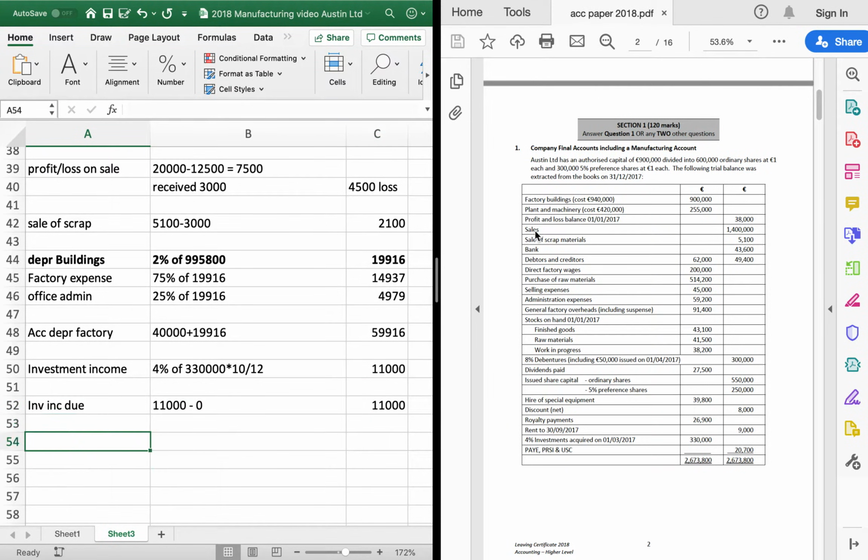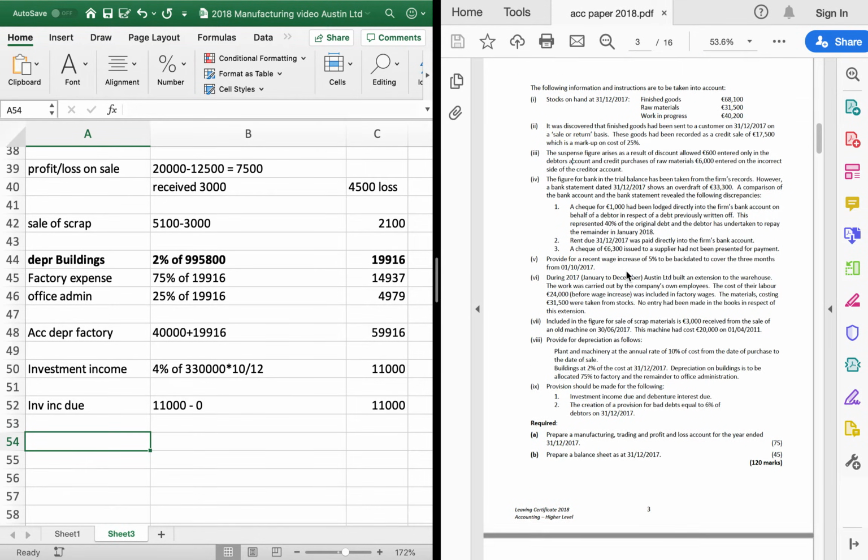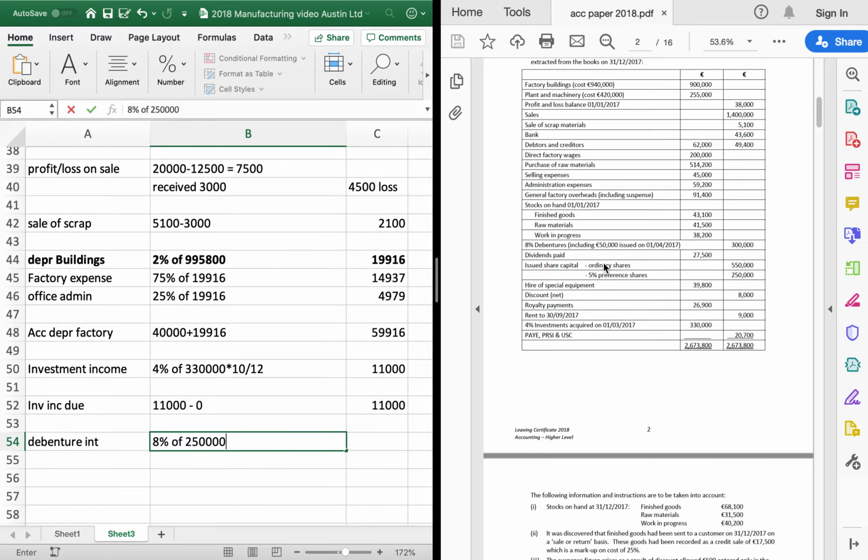And then you've got to do your debenture interest. So your debenture interest includes an increase of 50,000 on the first of the fourth. So for the first 3 months of the year, you had 8% debentures, 8% of 250,000, which is 5,000.